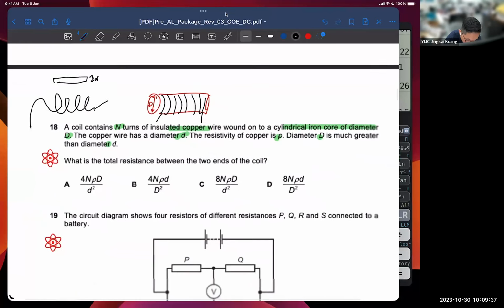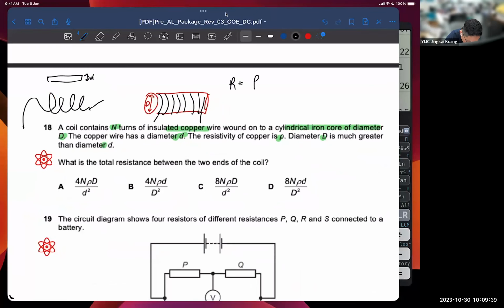So for total resistance, you need R equals rho L over A. L here is the total length of the wire. So you need to find the number of turns multiplied by the circumference of the core. So this becomes rho times pi D, this is the circumference of the core, divided by A. A here is the cross-sectional area of the cable.